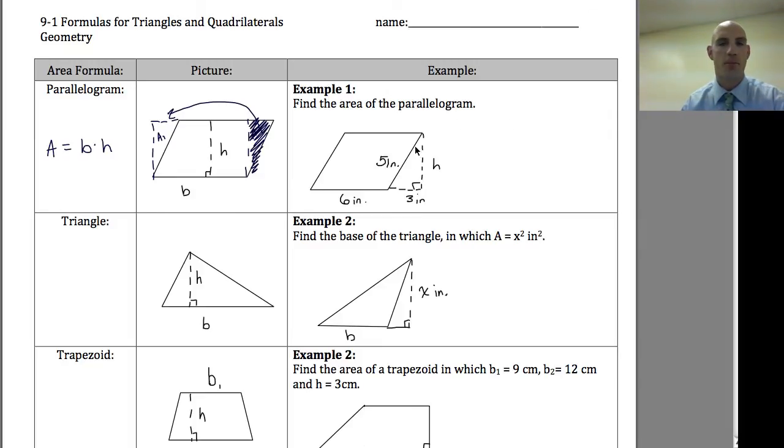When I look at this example 1, I need to do base times height. Well, I have this triangle here, and the height is outside of this parallelogram. So what I need to do is use the Pythagorean theorem to find the height.